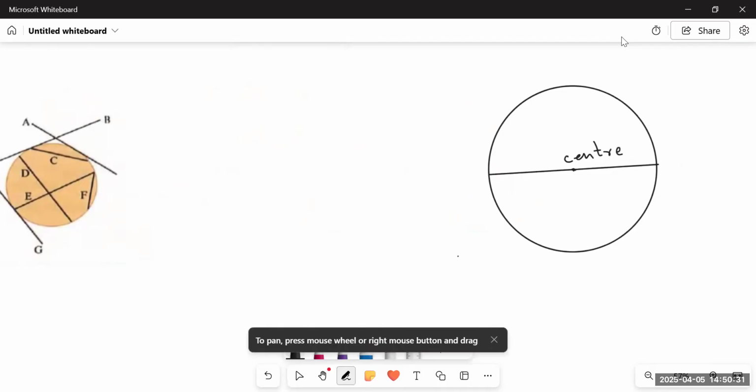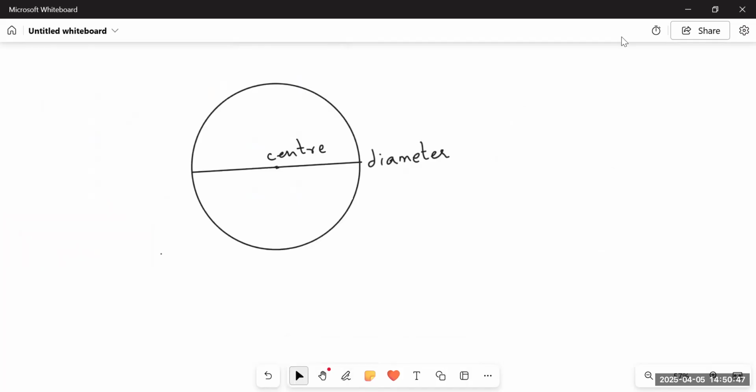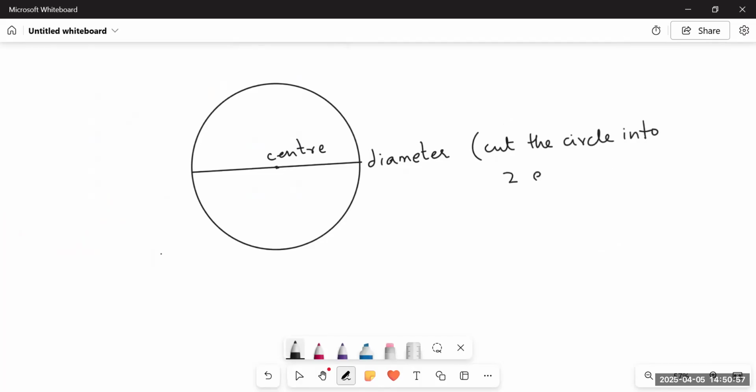So if a line passes through the center of a circle and cuts the two edges of this circle, this sort of a line is called a diameter. And what is the characteristic of a diameter? Diameter basically cuts the circle into two equal halves. This is called a diameter.